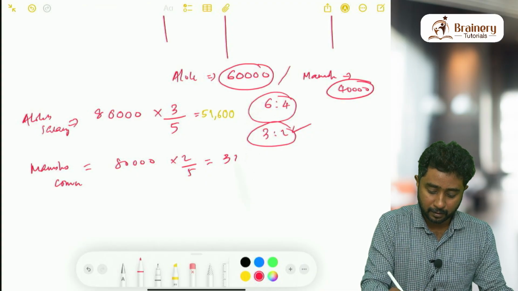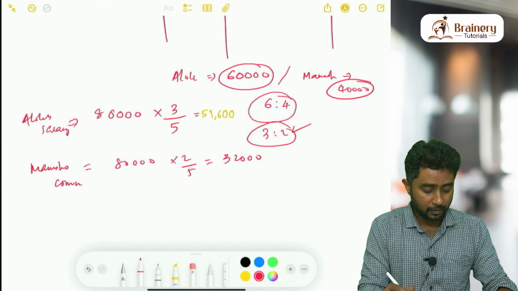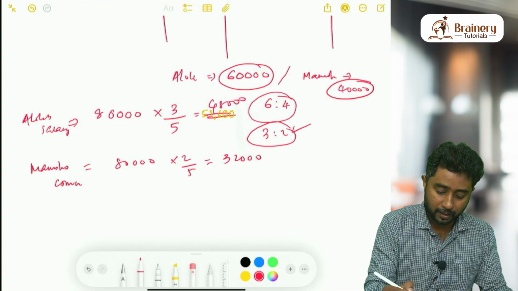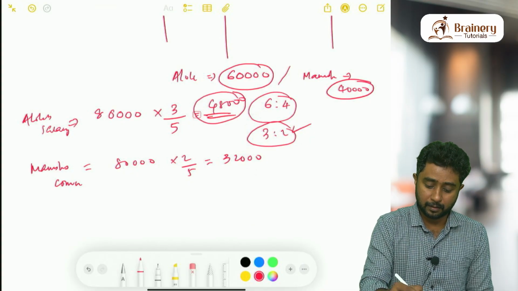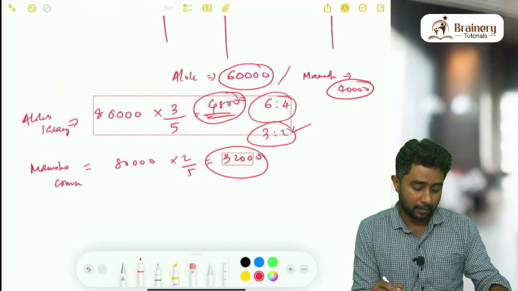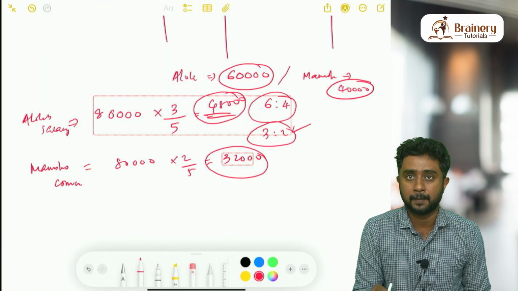We will be getting 32,000. Similarly, 80,000 into 3/5 will give 48,000. 48,000 is the correct answer. So 48,000 and 32,000 are there.